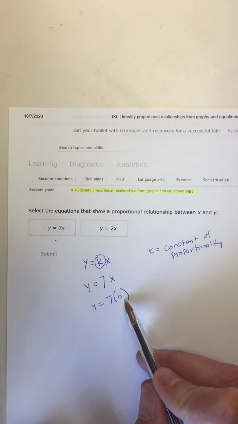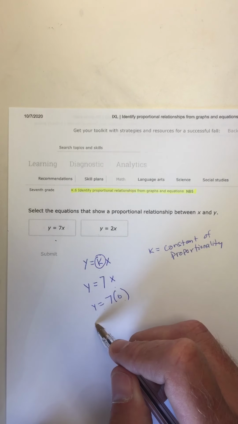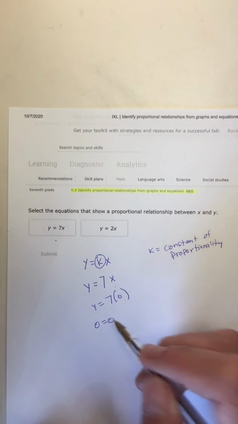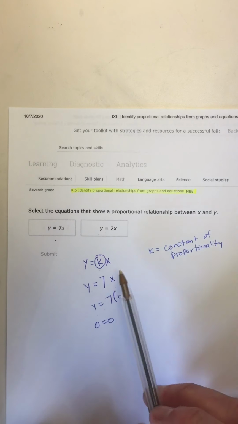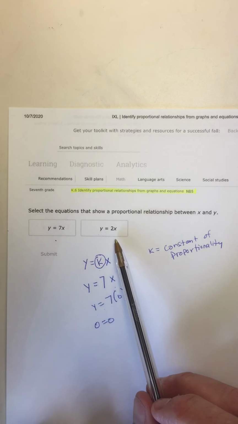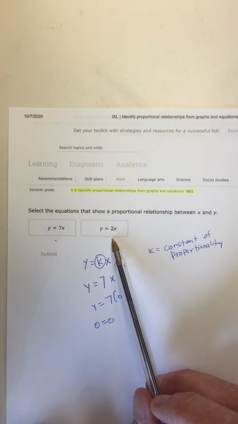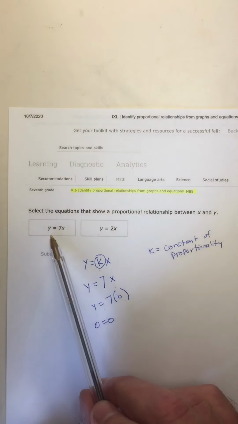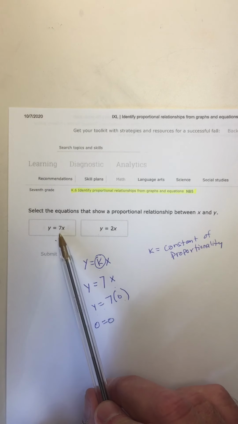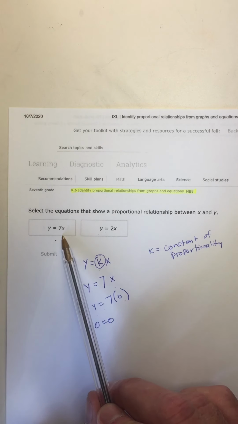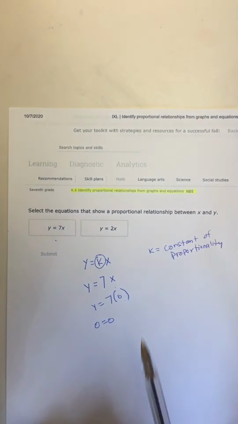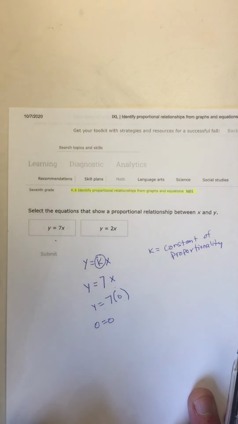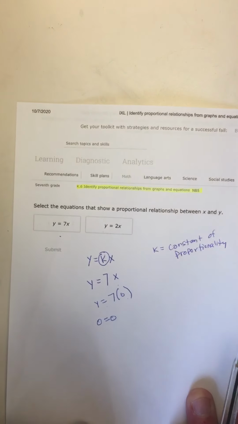So y equals 7 times 0 would mean that 0 equals 0. So there is a relationship between the graphs and the actual equations. For your purposes, if you see a y equals 7x, 10x, 1/2 x, and there's no other information, then that's going to be a proportional equation.